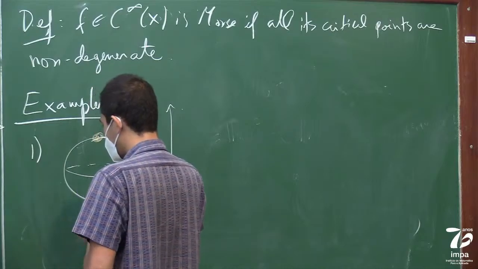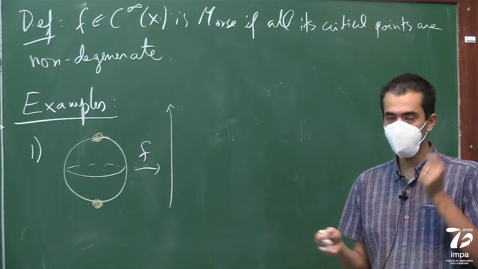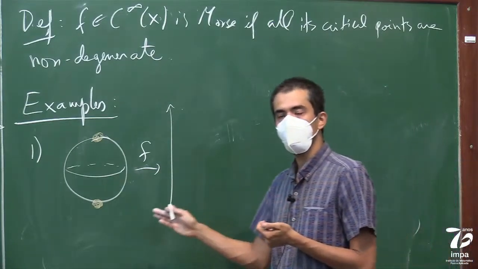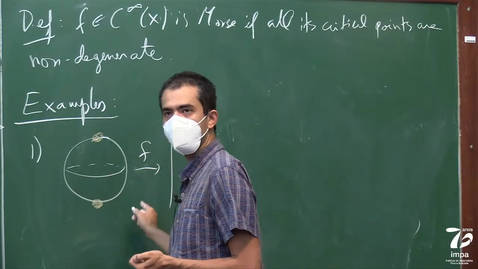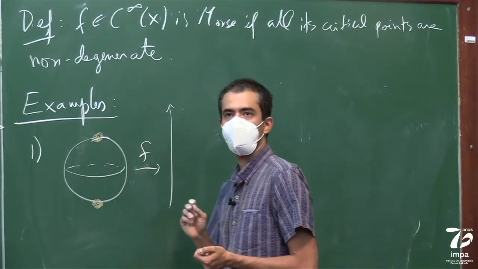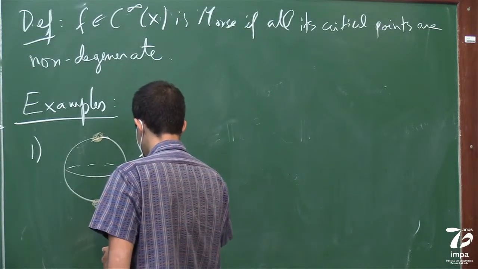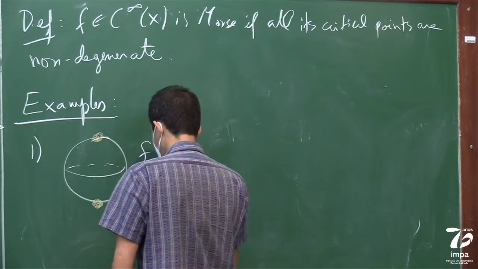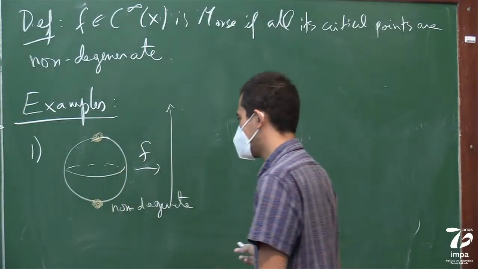So I have two critical points. And it's not very hard to see that if you take the usual charts here, these two critical points are non-degenerate. How do you see that? Well, you find a chart.